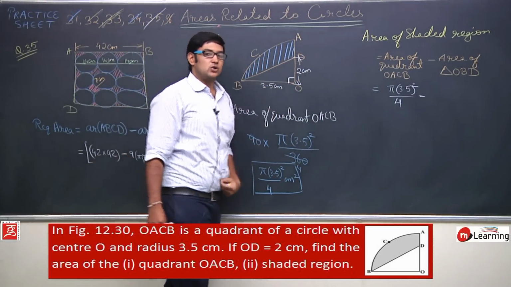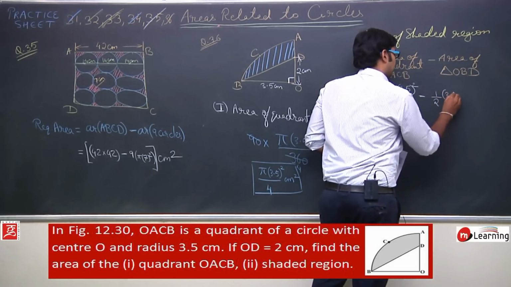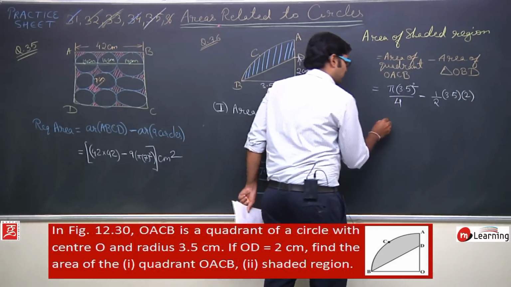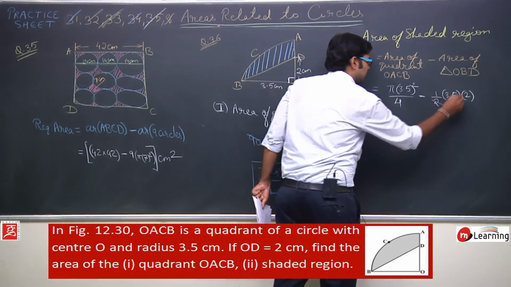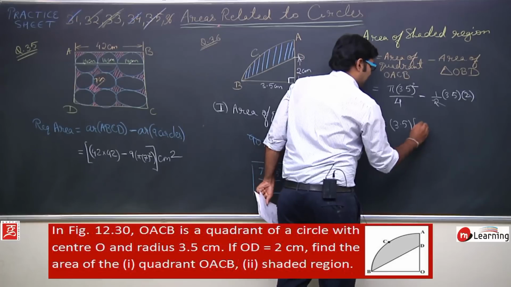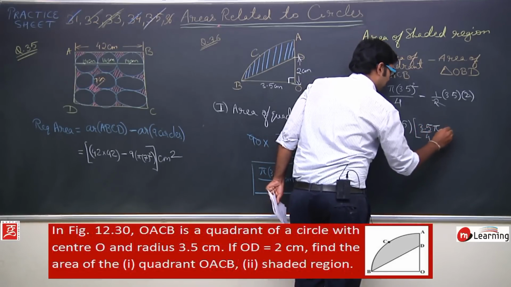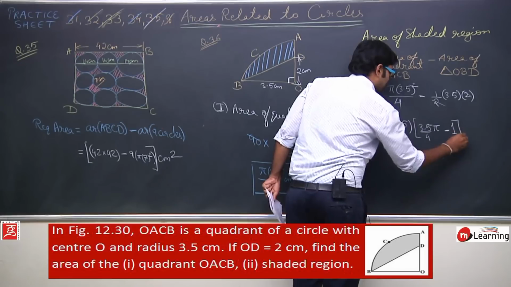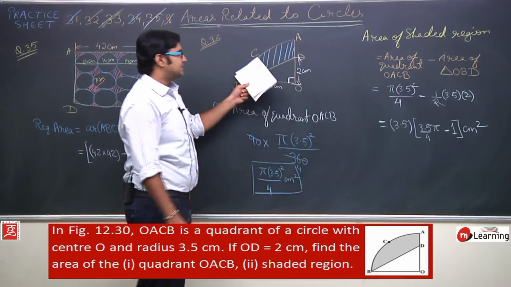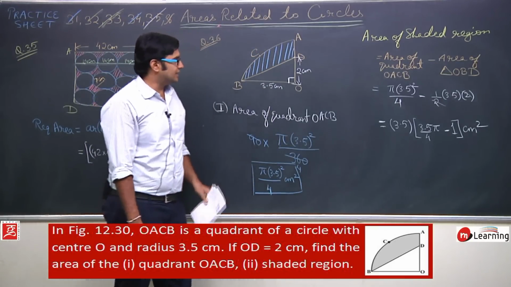So the area of triangle OBD is half into base 3.5 into height 2. The 2 and 2 will get cancelled. So this gives 3.5 into the bracket 3.5 pi by 4 minus 1 centimeter square. This is the area of the shaded region.